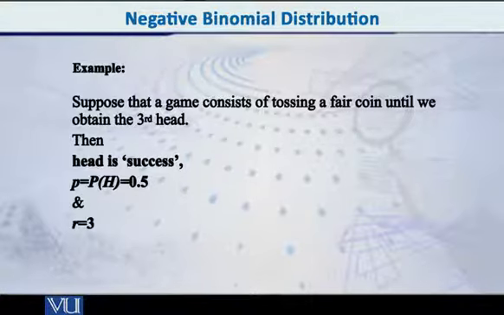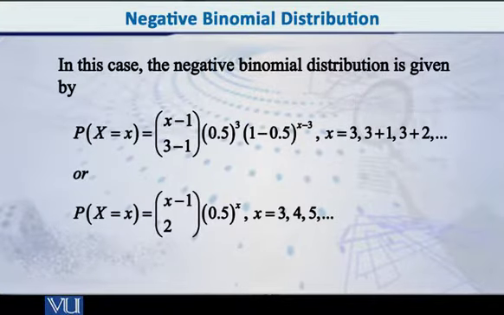अब अगर ये चीज़ें डिफाइन हो गई तो it's very simple then. We can use the PMF of the negative binomial distribution in order to get the equation that we need. So what do we have? The probability of capital X being equal to small x is equal to (x minus 1) C (3 minus 1), क्योंकि r is equal to 3, into 0.5 raised to 3, multiplied by (1 minus p) raised to x minus r.